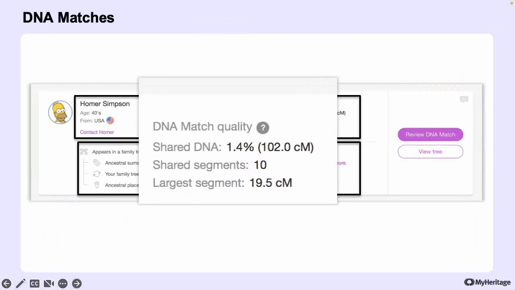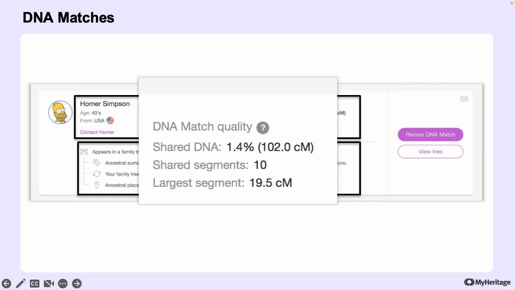So what does DNA match quality mean? When looking at Homer, I can see three important things here. I can see the shared DNA, which is the amount of DNA that I share with Homer and indicates how related we are. I can see that manifested in percentages or in centimorgans, which is a unit of measurement for the amount of DNA, and I will shortly explain about it.